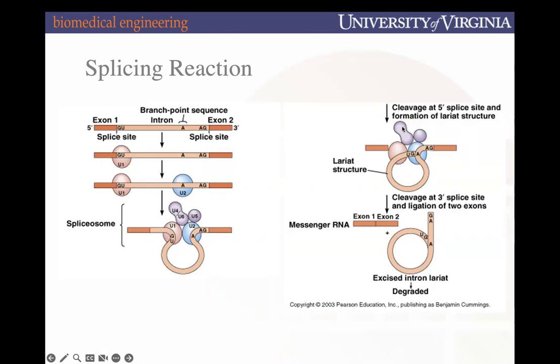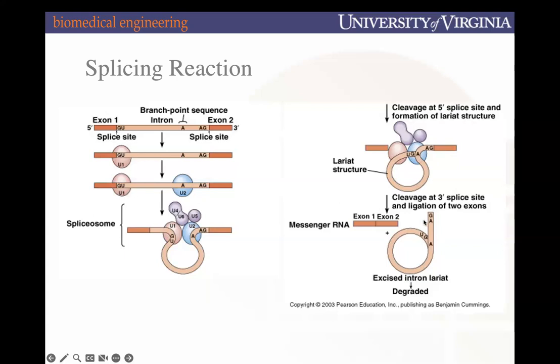The GU is cleaved and bound over to that branch point sequence where that A is. Then there's cleavage at the 3' end where that AG is, enabling the ligation of the two exons. Here we have our excised intron, which formed what we call a lariat structure, this looping, once the GU is brought over to the A, the branch point sequence.